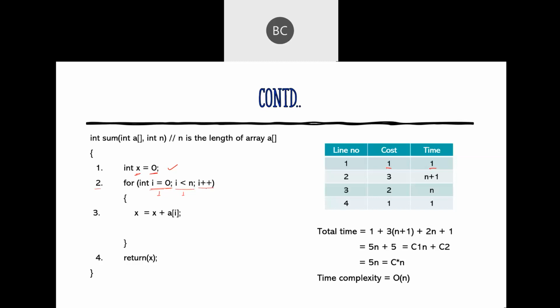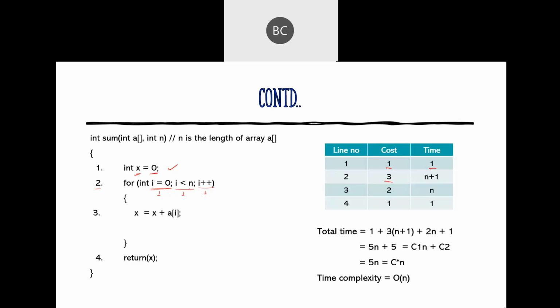Then with i plus plus, you are incrementing the value of i. That means 3 operations are involved, and each of these will take 1 unit of time, so the total cost will be 3.